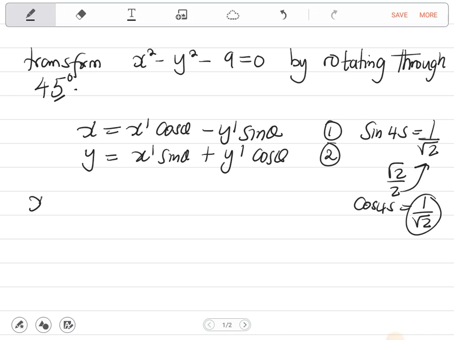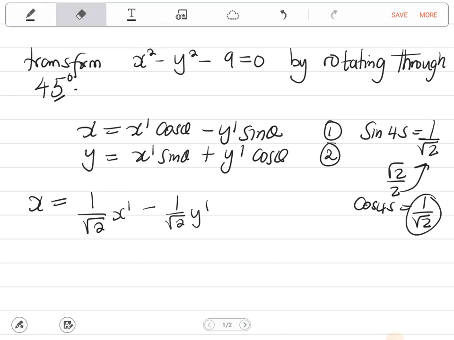So that means our x becomes x prime cos 45, that means here I'm going to have 1 over root of 2 x prime minus 1 over root of 2 y prime.